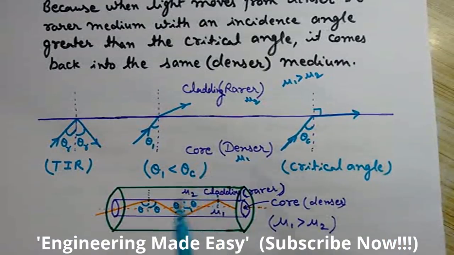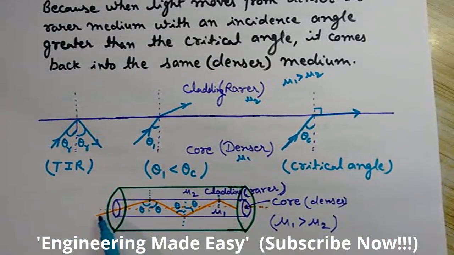So when light rays move from the core and try to go into the cladding, they are totally internally reflected. TIR takes place at this interface of core and cladding. But how does it take place? Here we have the denser medium, and here we have the cladding, the rarer medium.